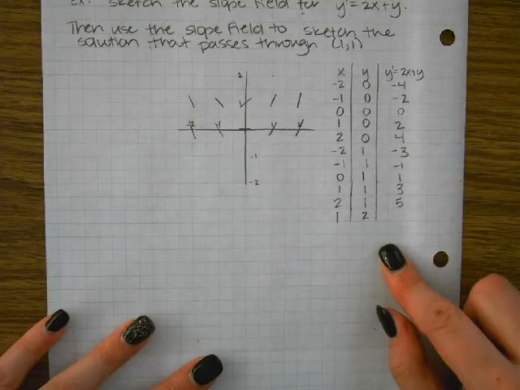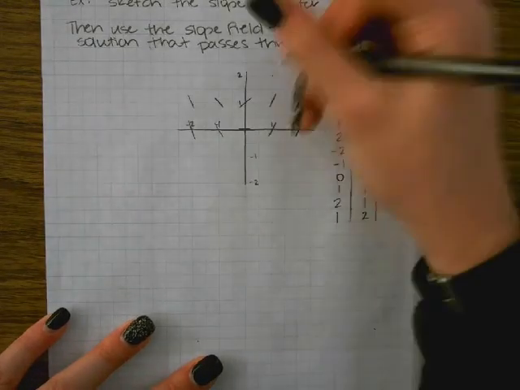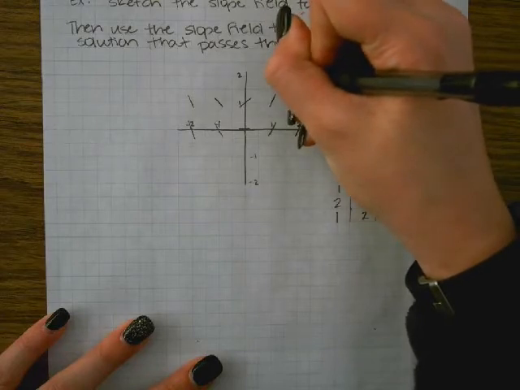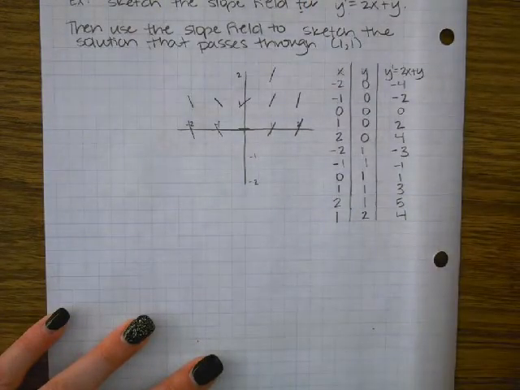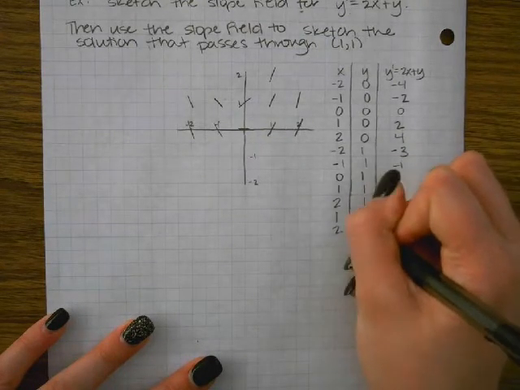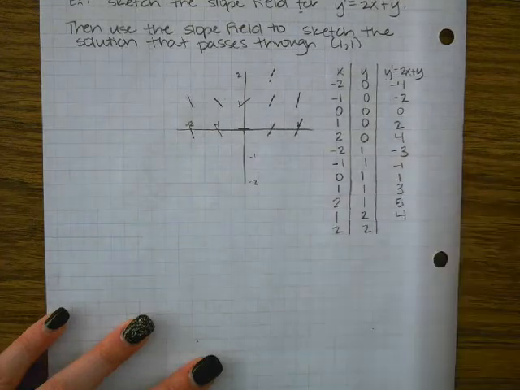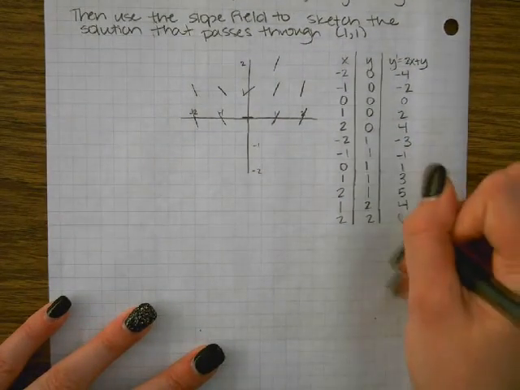What should we get at the point 1, 2? 4. How about at the point 2, 2? 2, 2 would be 6, right?